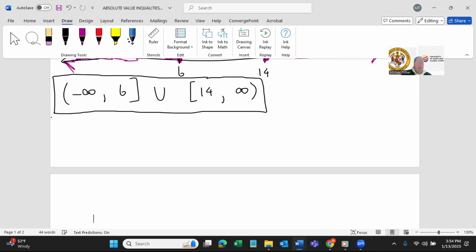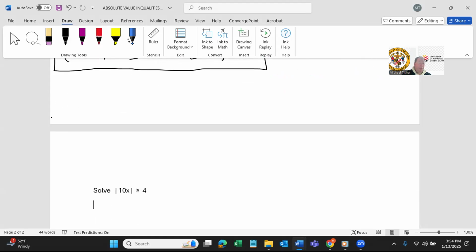Okay, now let's do the same trick for this one. Okay, so since we have greater than or equal to 4, we'll take out the absolute value expression there. It's 10x, and we'll change it to a less than or equal to, and then change the sign from 4 to negative 4. And then we'll have 10x, and then it'll be greater than or equal to 4.